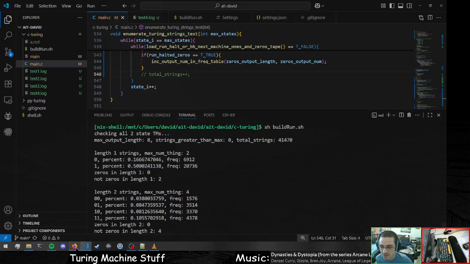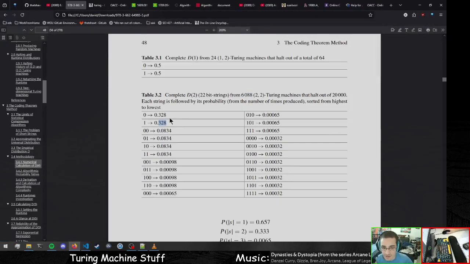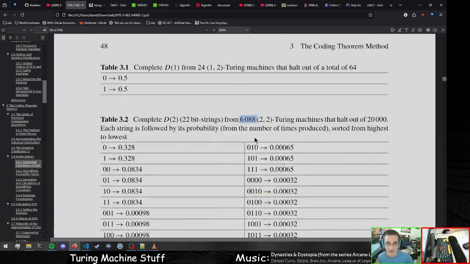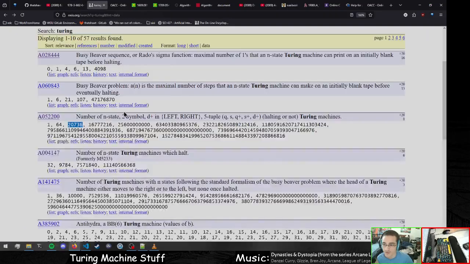More than half of them are these. But here they don't get more than half. They get like this number. So my question is, again, why is it still different? Why do they get only 6,088 of them? And that's not even close to that. This is just so weird. This is so weird.